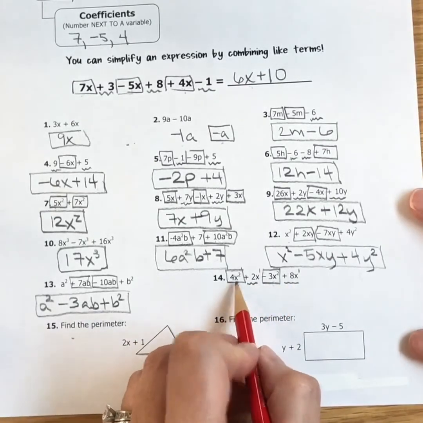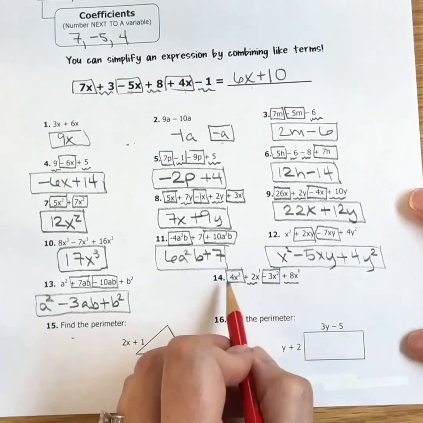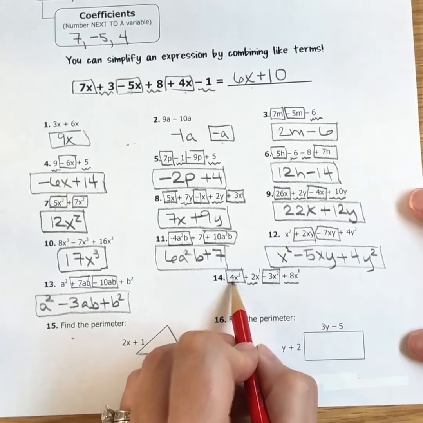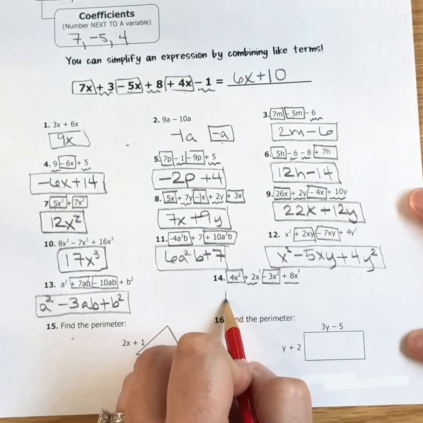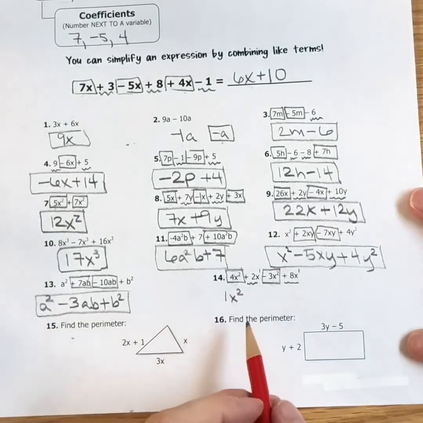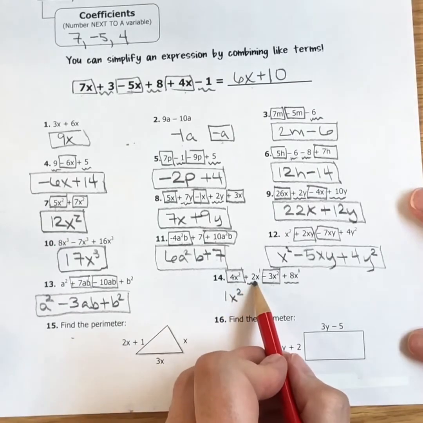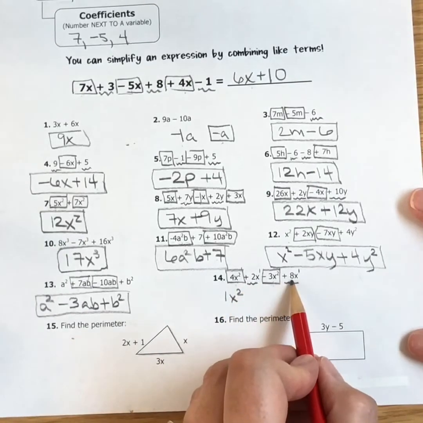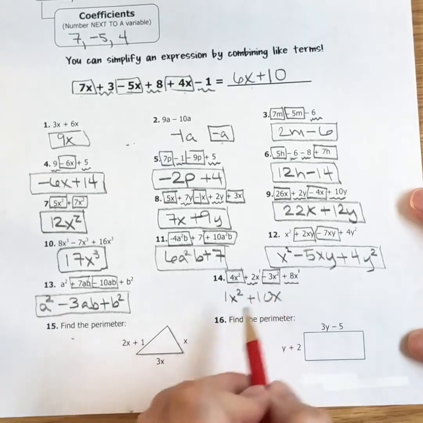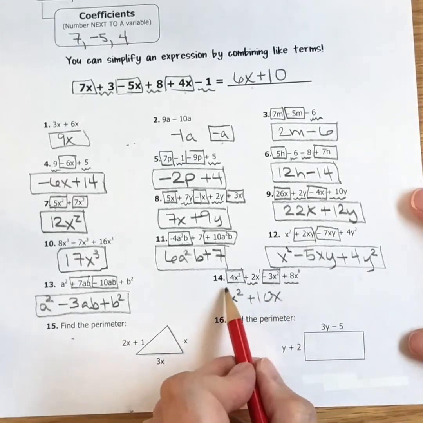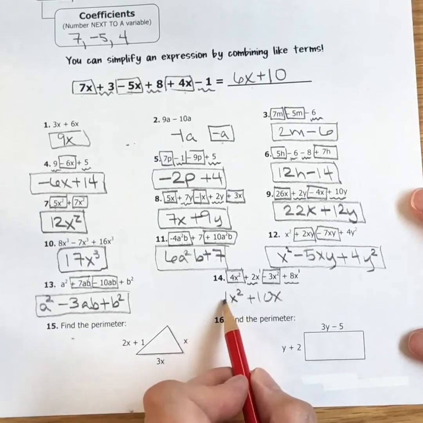And if we add the 4x squared and the negative 3x squared, basically we just add the coefficients. So 4 and negative 3 is positive 1, so a 1x squared. And then if we add the 2x and the positive 8x, we just add 2 plus 8 is 10x. And actually, because of this 1x squared, we don't even have to write that.